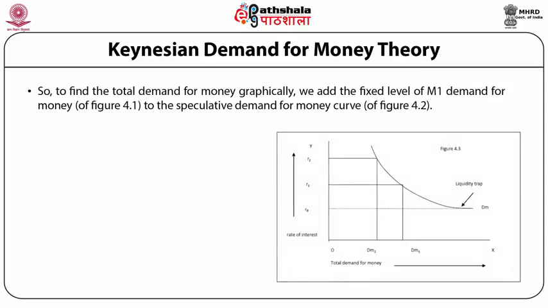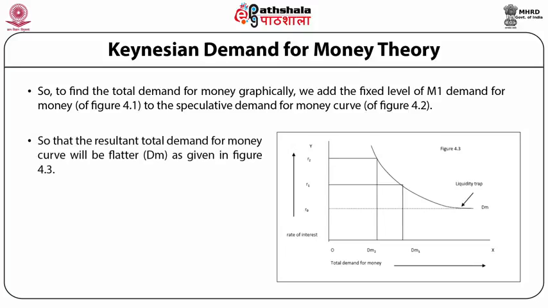So to find the total demand for money graphically, we add the fixed level of M1 demand for money of figure 4.1 to the speculative demand for money curve of figure 4.2, so that the resultant total demand for money curve will be flatter, DM, as given in figure 4.3.